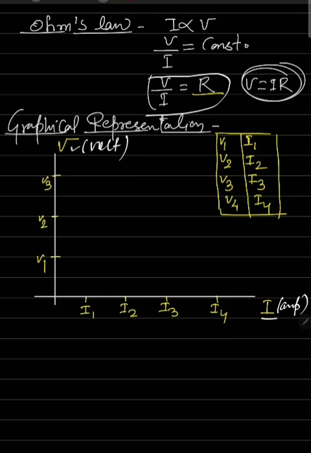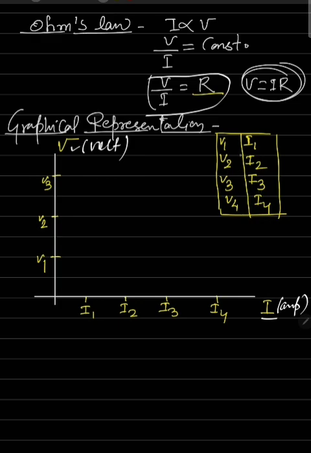Now suppose we have a table in which we know the values of V1 and I1, like some observations. In that observation, by varying the potential difference we recorded the current. So V1 gives current I1. When potential difference is V2, the current is I2. When potential difference is V3, the current is I3.